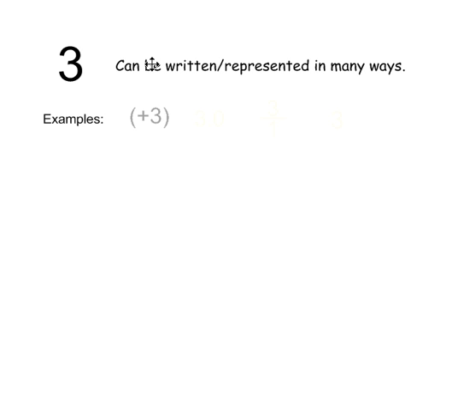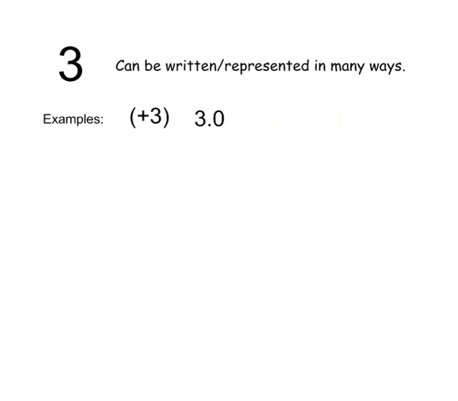Number 3. I'd like you to write this down in your textbook, please. 3 can be written or represented in many different ways. And here's a couple of examples for you. The number 3 can be represented as an integer, positive 3. It can be represented in the place value of 3.0, 3 wholes and no parts after that.